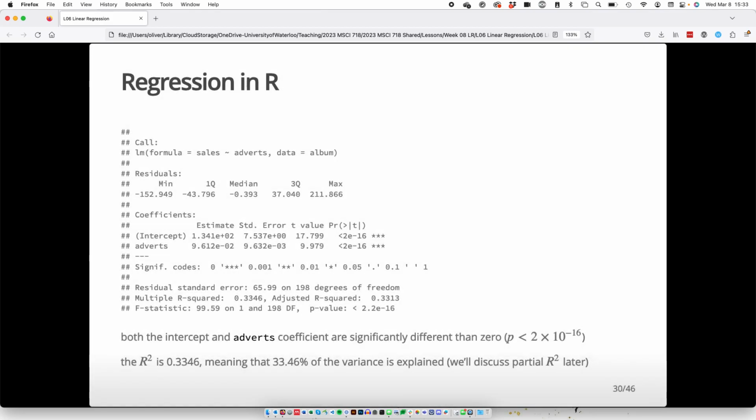Okay. Any questions there? Yeah. Can you please explain the sum of squares of the model and the R squared value, what the ratio actually means?